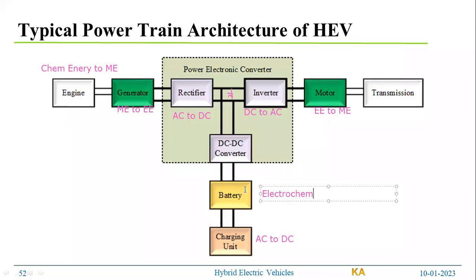The output of the battery is DC, but this DC will be varying like this. Generally, a battery will be rated for a nominal voltage, but it will have a maximum peak and a minimum. Take a 48-volt battery: the minimum voltage will be like 30 volts, and the maximum voltage will be like 58 if I completely charge.